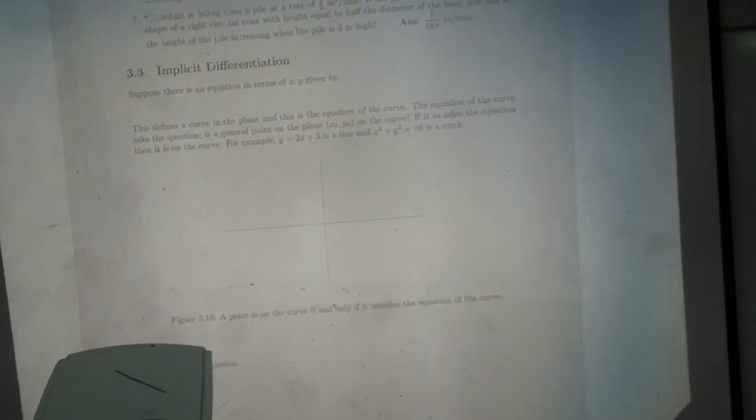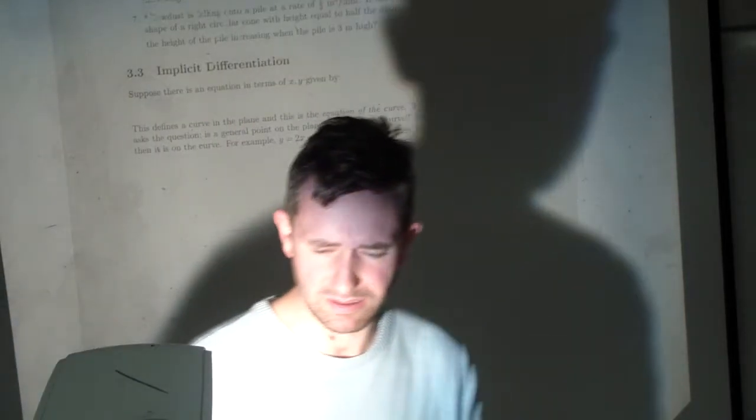Okay. So suppose you have an equation. There's a phrase that you meet in school in maybe second year or something. They go on about the equation of a line, the equation of a circle. And I don't think they quite explain it fully. Now we're going to try and explain it fully.